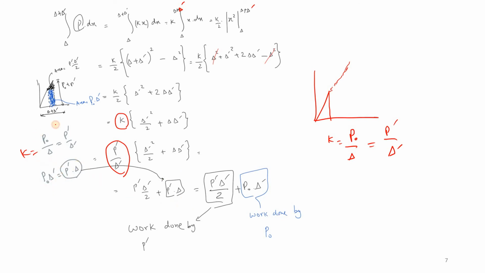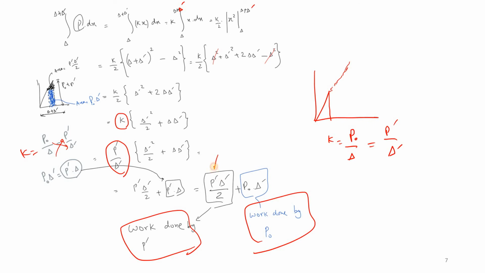Because if you cross multiply, P naught into delta prime on one side and P prime times delta on the other side, P prime times delta can be written as P naught times delta prime. That's why I have replaced this by P naught times delta prime. Now, if you can see, the total work done in this phase is equal to work done by P prime and then work done by P naught.